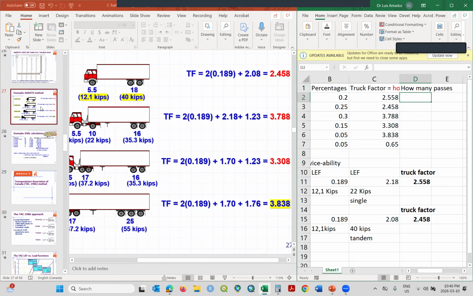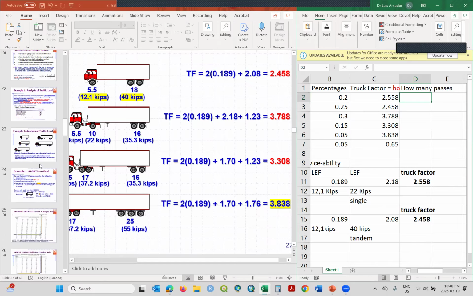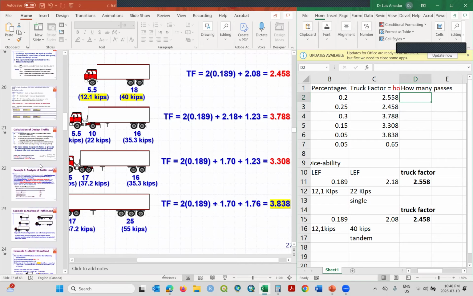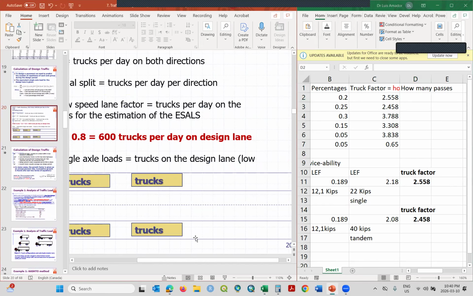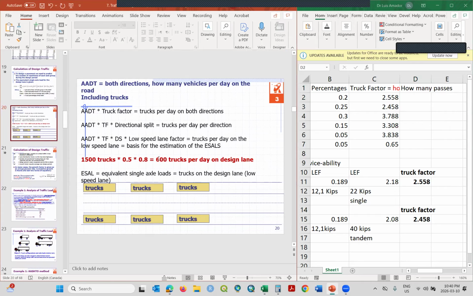We calculated that before, so let me just go back here. And we said we have 600 trucks per day on the design lane.